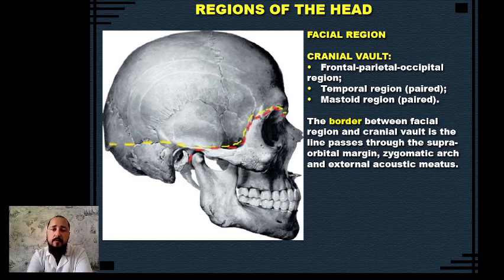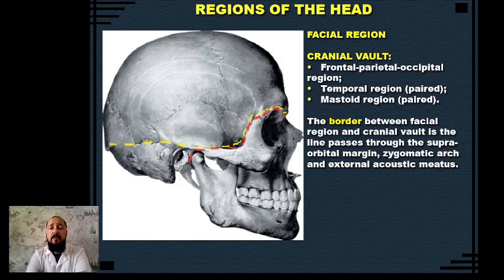Cranial vault we divide into small regions as a frontal, parietal, occipital region, temporal region is a paired region, we have two temporal regions, and mastoid region, also a paired region.